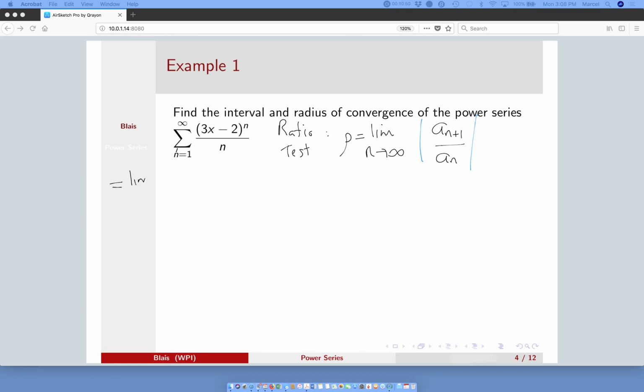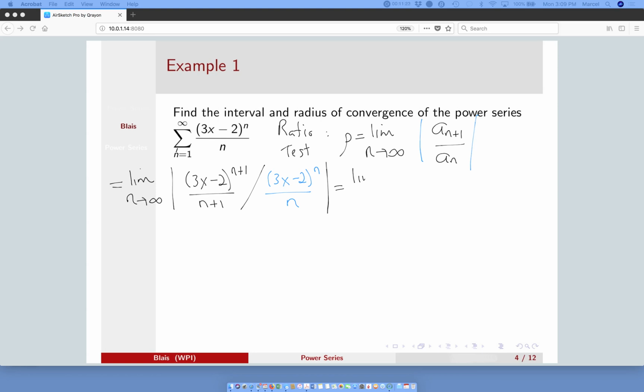Limit as n goes to infinity, absolute value. So for the n plus first term, replace each instance of n with n plus 1. So we have (3x minus 2) to the n plus 1 over n plus 1. And then we're dividing by the nth term, which we get right from the summand of the power series. And now we simplify.